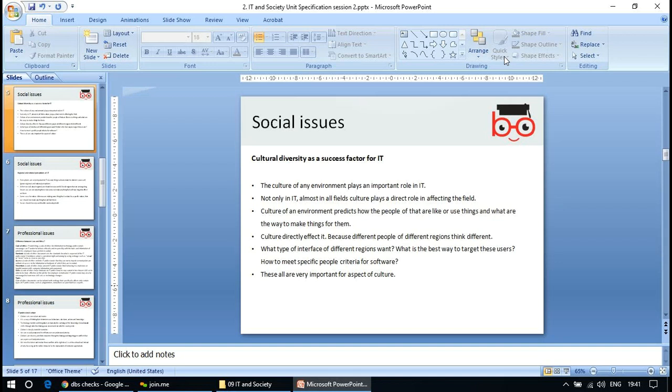But a multicultural team or multicultural diversity would give a success factor for IT.